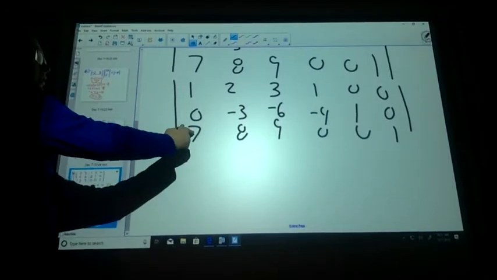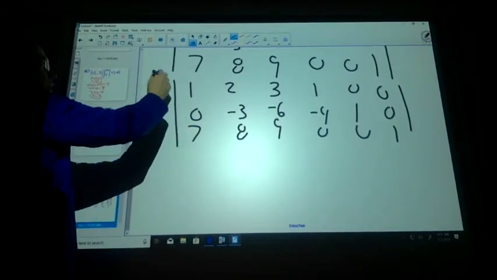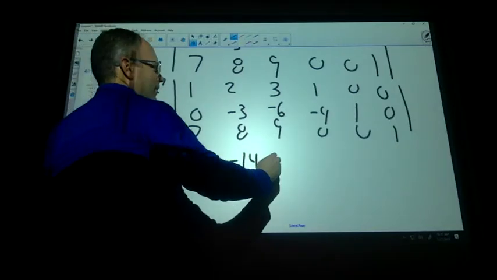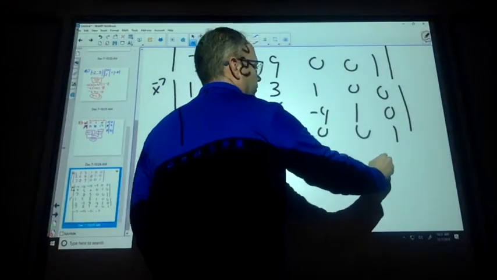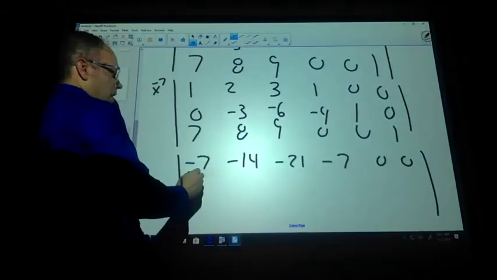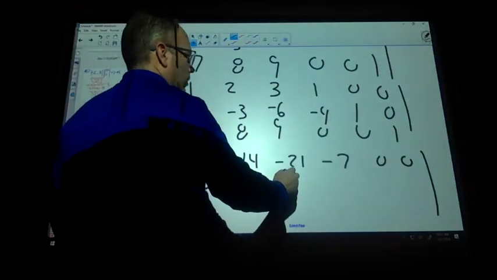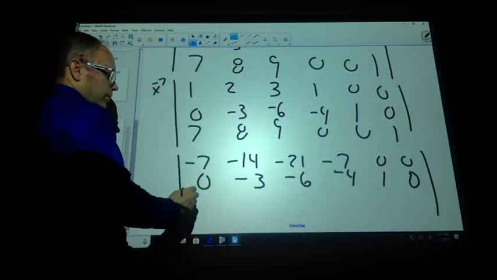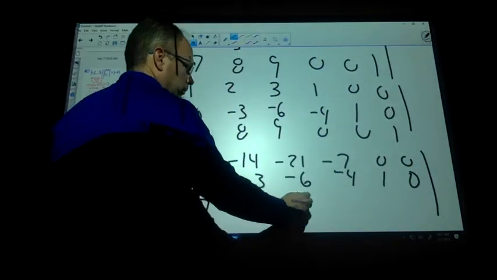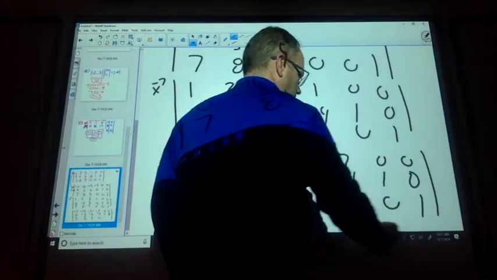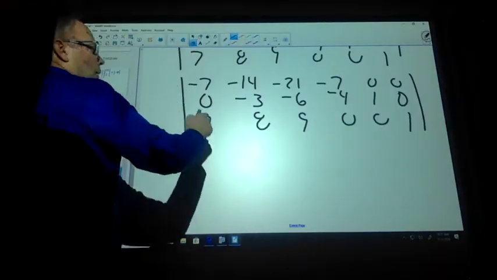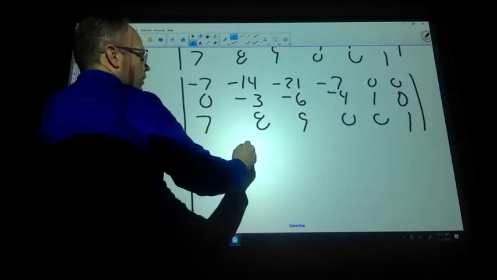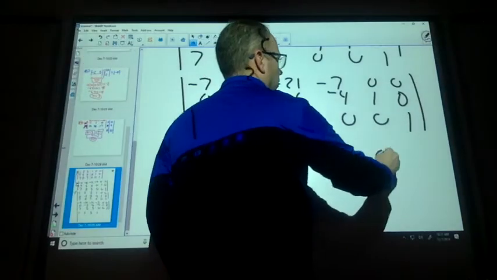So then I need to get a 0 here, so I'm going to multiply this whole row by -7. I'm going to rewrite this row. So I'm going to take my first row, divide everything back by 7, so I get 1, 2, 3, 1, 0, 0.